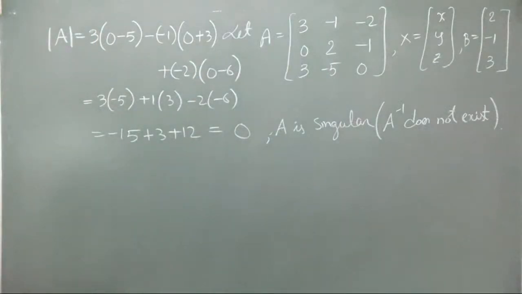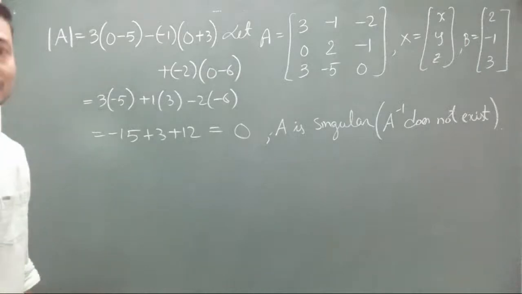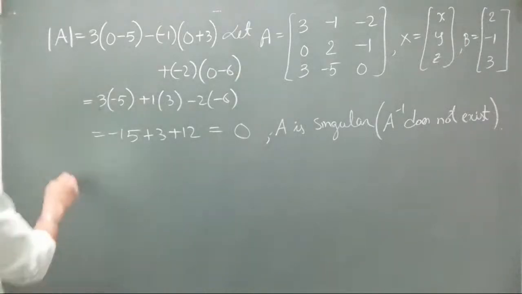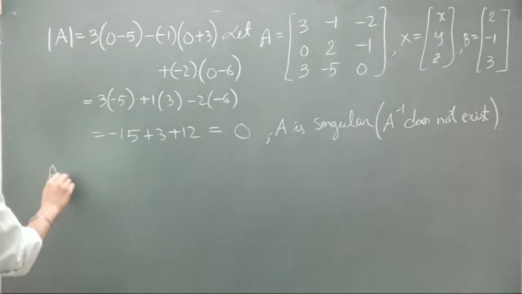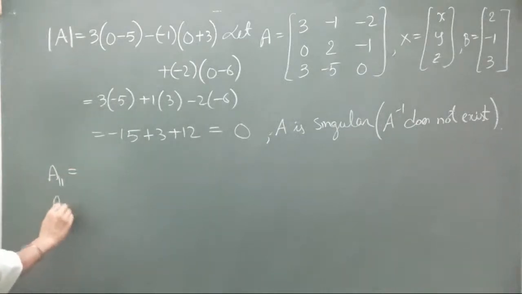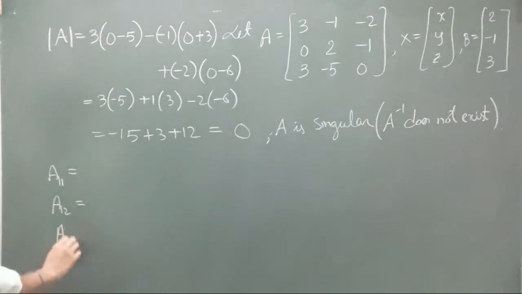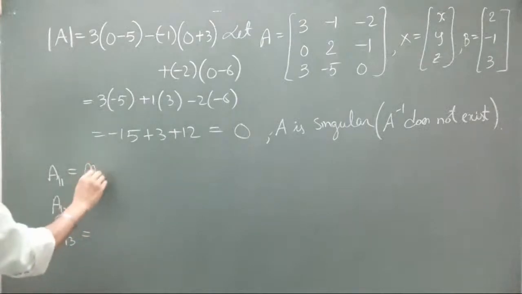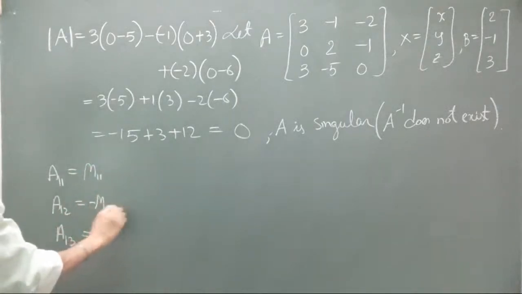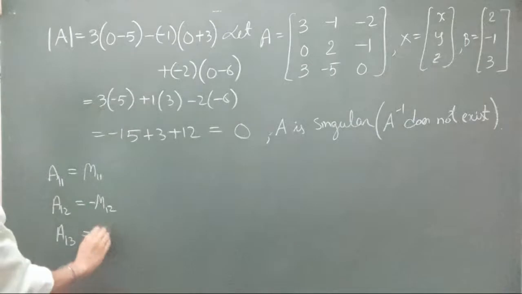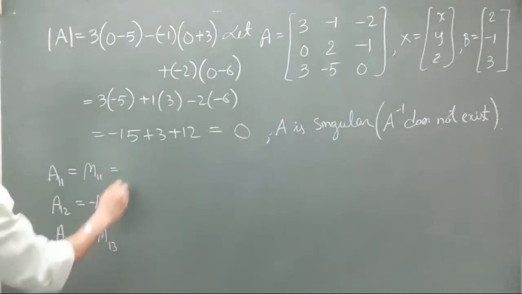So then we have to again proceed now to the adjoint. Let's find out A11, A12, A13. That's going to be M11, minus of M12, M13.